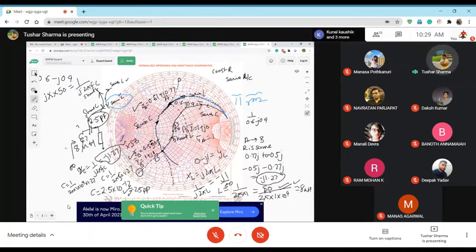Okay? Now if you have a shunt element, you are moving on a constant conductance circle, you will again do the same thing, this minus this. So whatever that admittance is, say your JC, that JC is normalized.